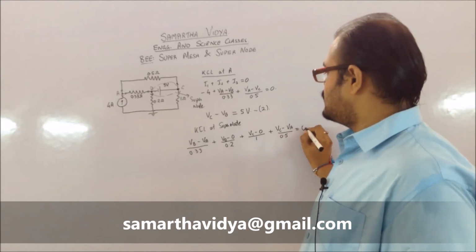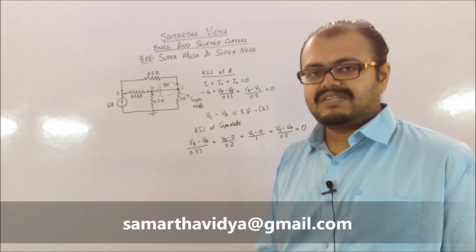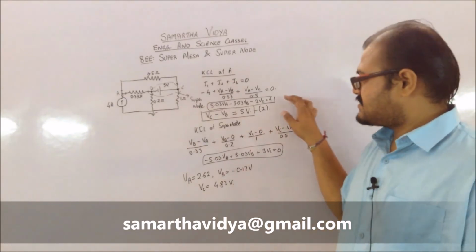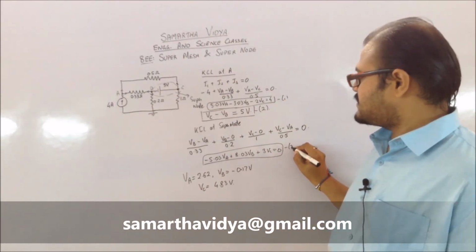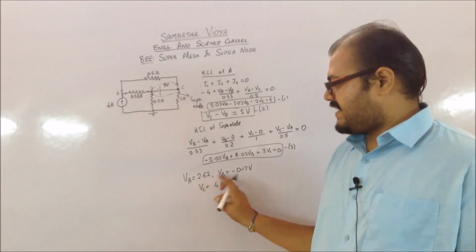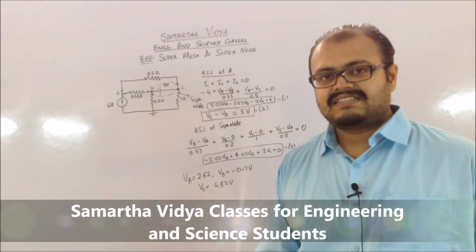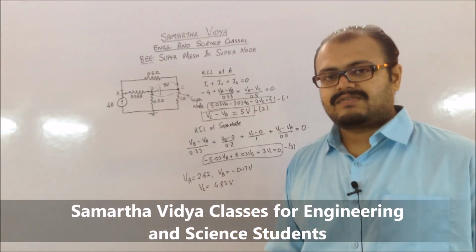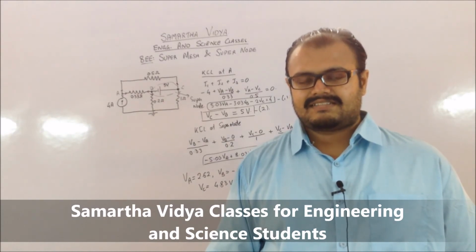This thing will be equal to 0. Rearranging the terms, you will get the equations in VA, VB and VC. You will solve equations 1, 2 and 3 simultaneously to get the voltage values at different nodes. So for A, B and C, these are the values. Depending on the parameter asked in that particular circuit, you will use the voltages at different nodes to calculate it. So this is basically the understanding of super mesh and super node analysis.